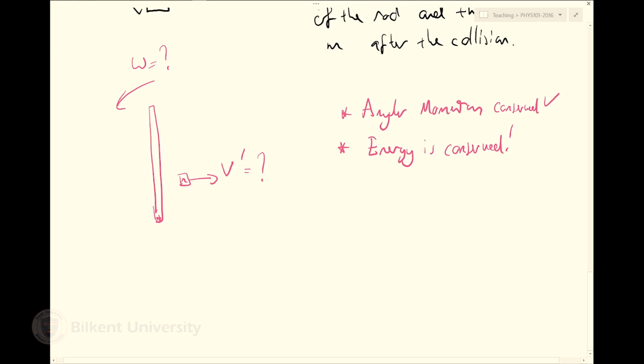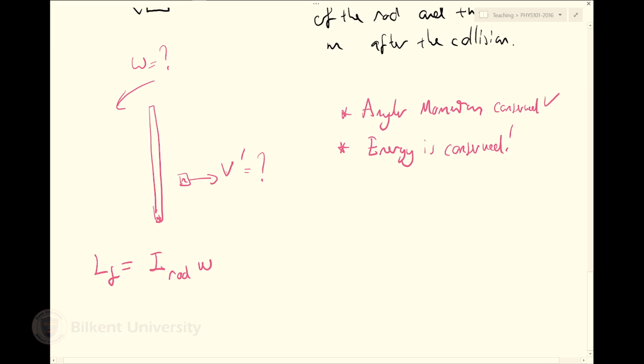How about the final situation? Let's come back to the final situation. What is my final angular momentum? Now, I have I rod times omega. And which direction is that angular momentum, clockwise or counterclockwise? It's rotating counterclockwise. That's good.